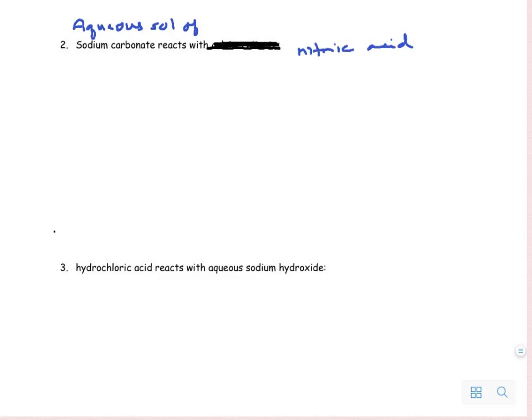Okay, sodium carbonate. Sodium's a 1 plus, carbonate's a 2 minus. So sodium carbonate is Na2CO3. Although it wasn't given in the question, I've now said these are both aqueous solutions, so I'm going to put aq. If this reacts with nitric acid, now nitric is an ic acid, so a nitrate is NO3.